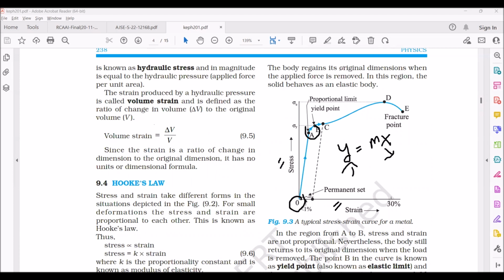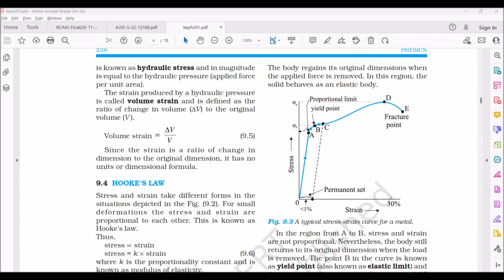The stress and strain are linearly varying from the portion O to A. So in this portion, the metal is obeying Hooke's law. Until the point A, the stress and strain are varying linearly. So Hooke's law is getting obeyed.